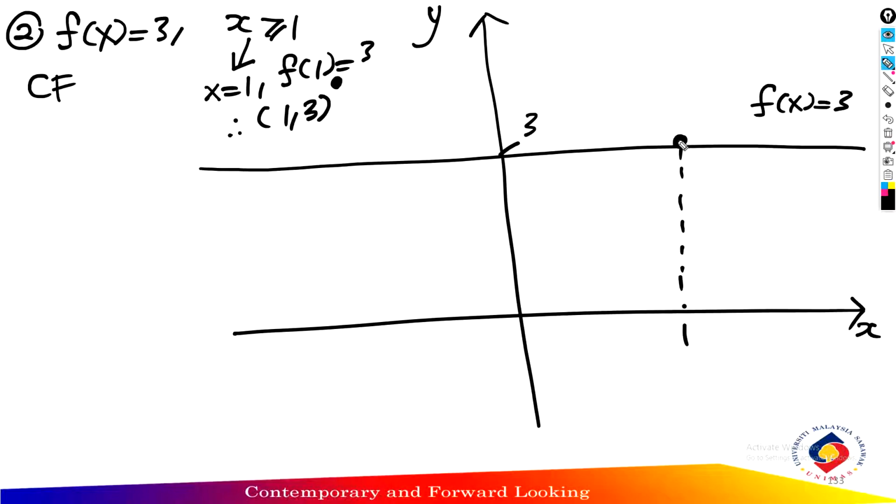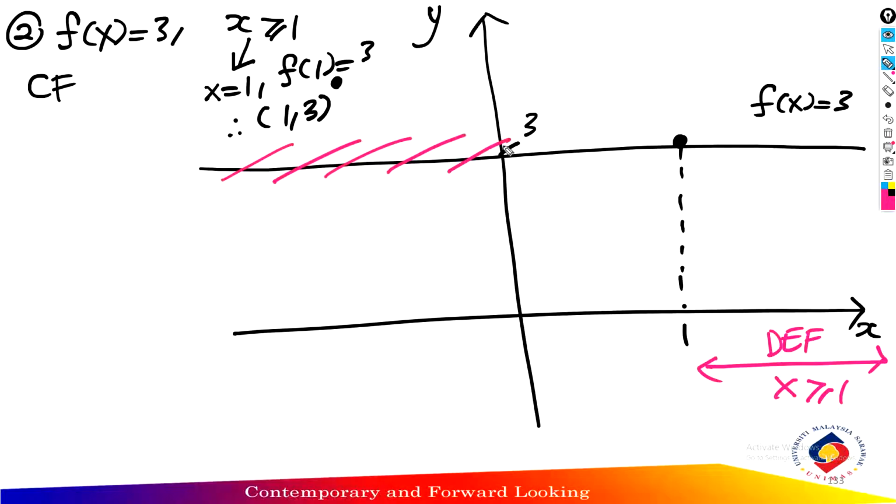Okay, a filled circle at (1, 3) means that the point (1, 3) is included. This graph of the constant function is defined between 1 and positive infinity, and this part of the function you can solve.